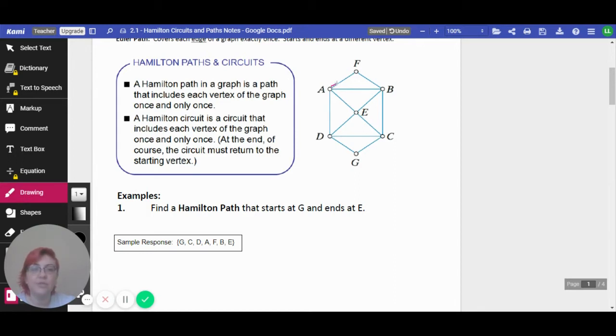I might travel to F, and then B, and then E, and then C, G, D, A. And there's a Hamilton circuit going to each vertex exactly once.